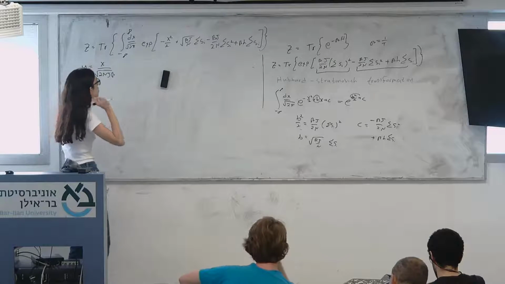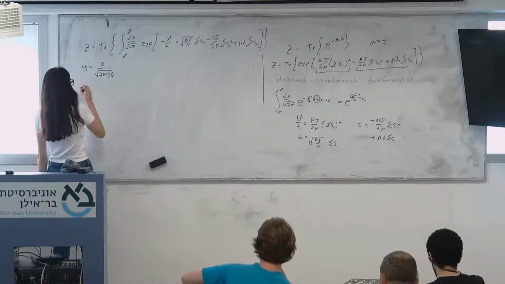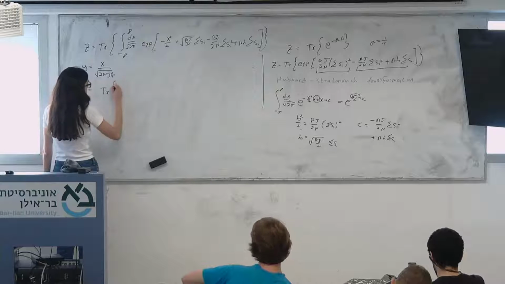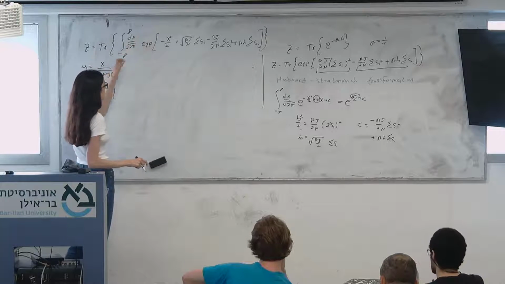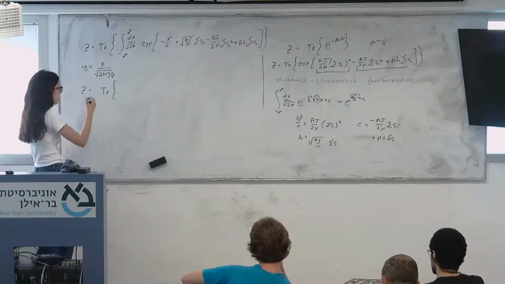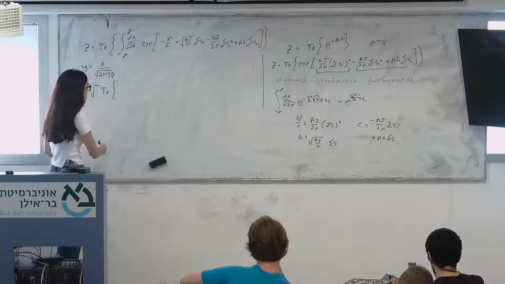Now when I rewrite the partition function, I'm going to have the trace. The dx becomes dy, which is going to take out some factor, but we don't care about factors, so I'm not going to write it.